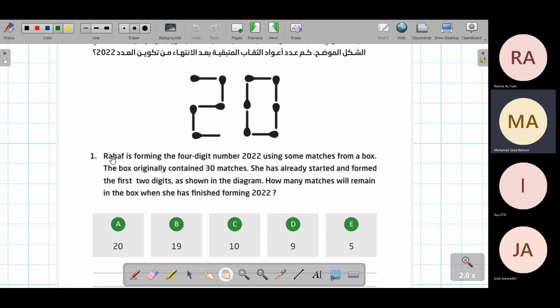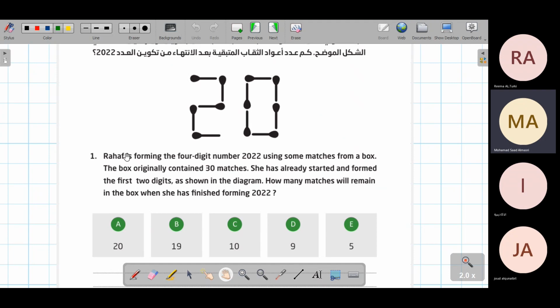So here, what does Rahaf want? To form the 4-digit number 2022 using what? Some matches from a box. Okay, so this is the first sentence. As I say, it's not about directly saying it's A, it's B, it's C. No, it's about how we can analyze the questions, how we can get to the right answer.